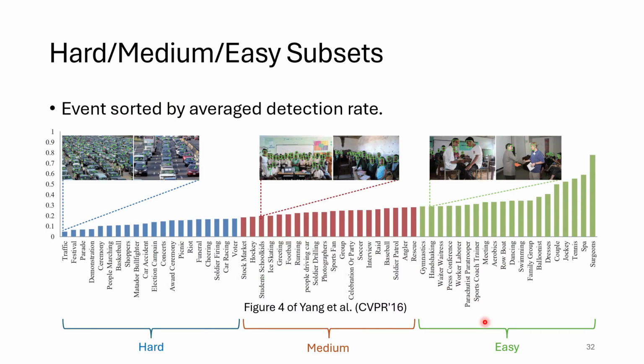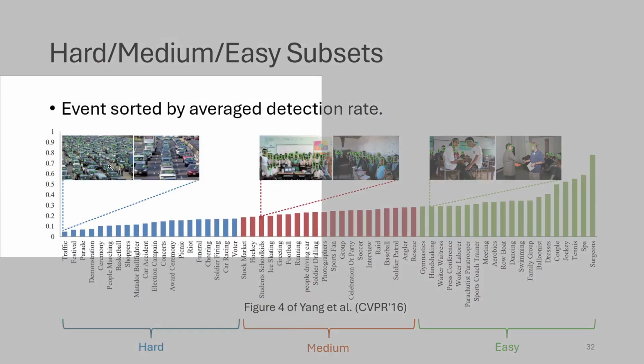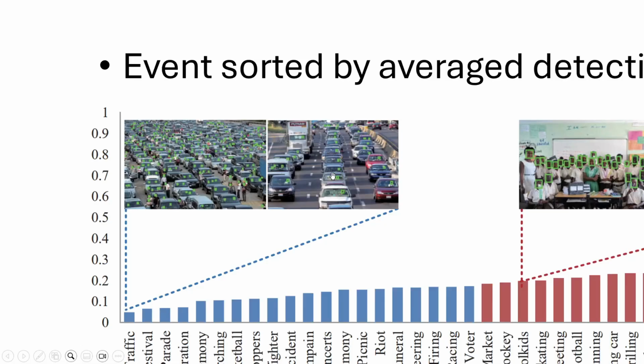They also provide a very interesting label, the event label. Because they have many training and test images, they categorize them into different events. For example, this is traffic. This is the most difficult, because there are many faces in the cars, and all of the faces are very, very small. So how to detect those faces? This is a challenging problem.